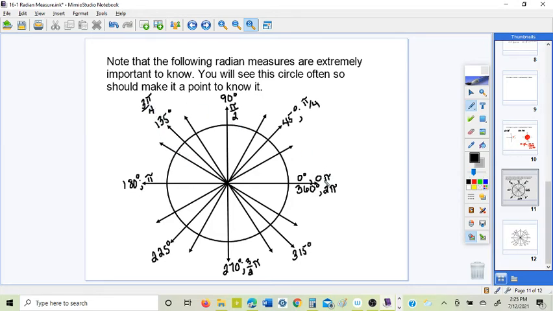So 0, 1/4, 2/4, 3/4, 4/4, which is 1 pi. This one will be 5/4. This one would be 6/4. Well, we know 6/4 reduces to 3/2, so that makes sense. This one will be 7/4, 7 pi over 4.